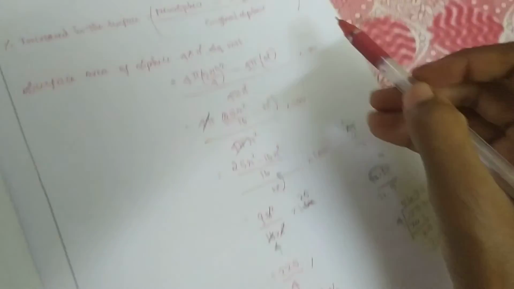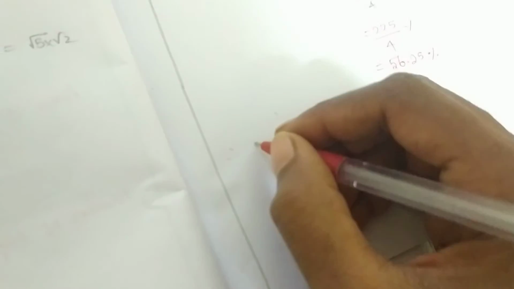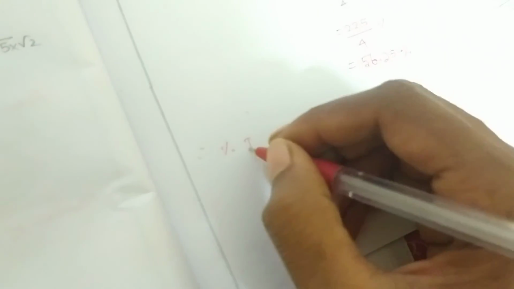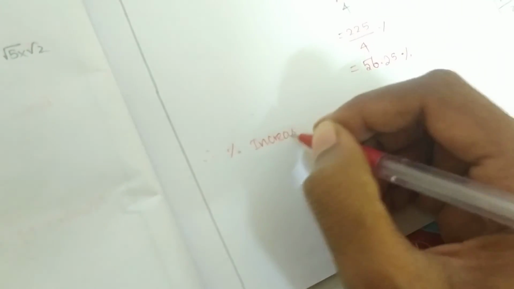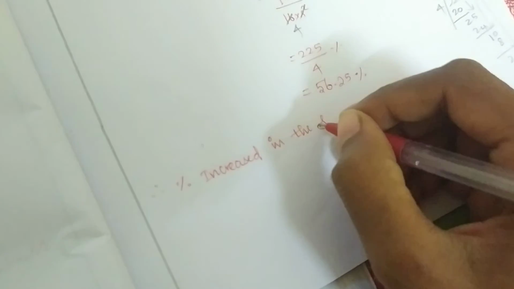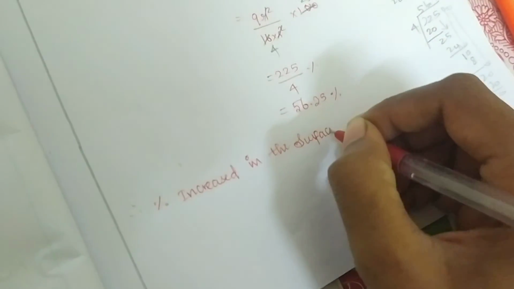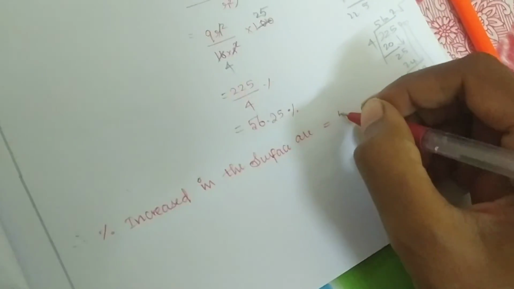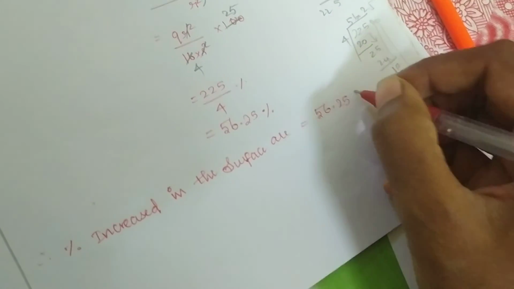Are you clear? We multiplied into 100, so it's a percentage. Therefore the percentage increase in the surface area is 56.25 percentage. That's it.